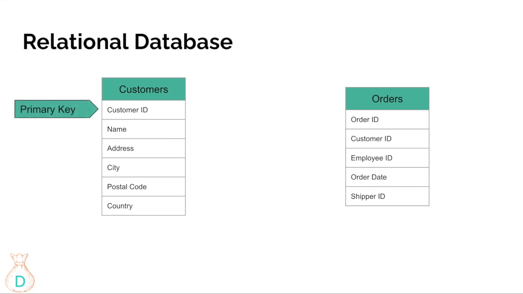The customer ID is our primary key for the customers table. And then there's also a customer ID in the orders table, which is called a foreign key. And you make the relationship between the two tables. That's how you'll be able to collect more information from both tables. So you'll actually know who that customer is that actually made that order.